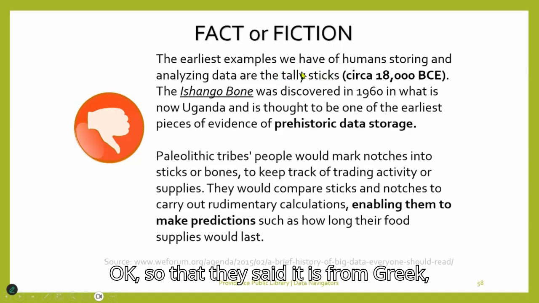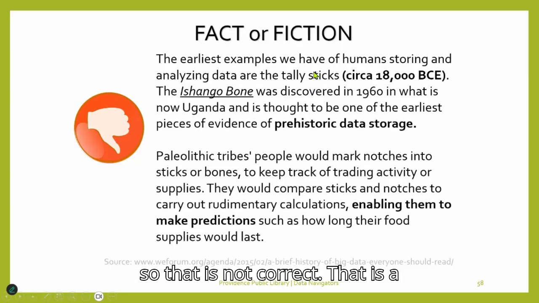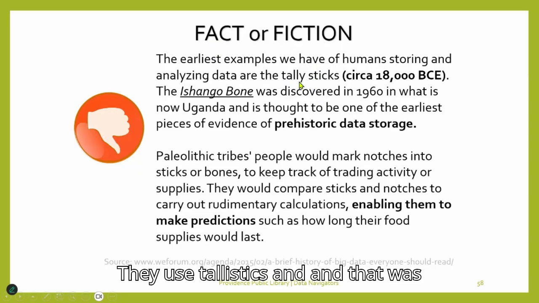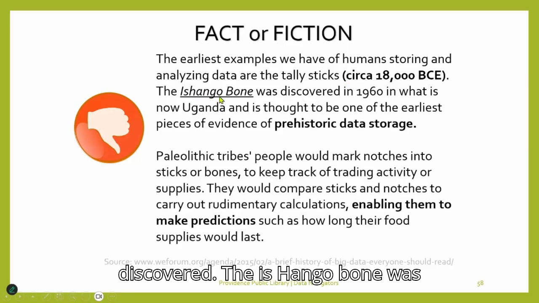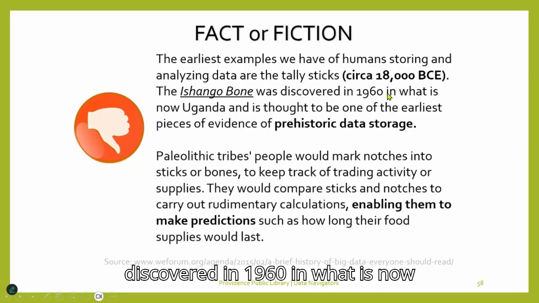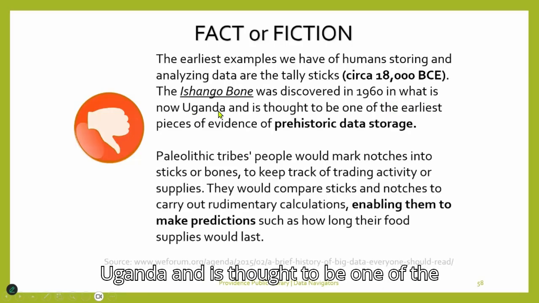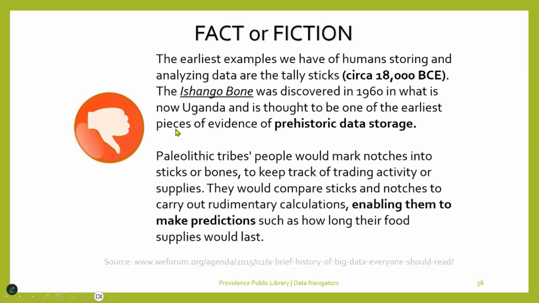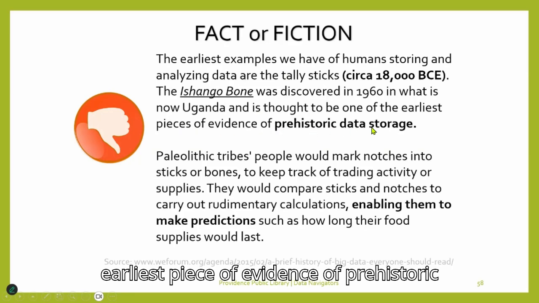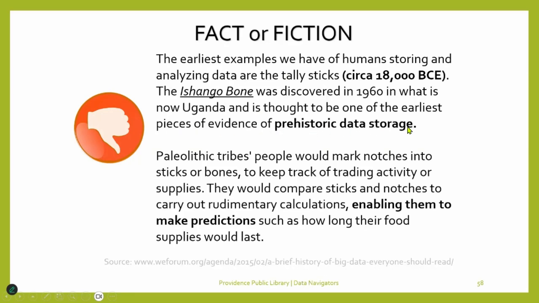They said it is from Greece, so that is not correct. That is a fiction. The fact is they used tally sticks, and that was discovered. The Ishango bone was discovered in 1960 in what is now Uganda and is thought to be one of the earliest pieces of evidence of prehistoric data storage.